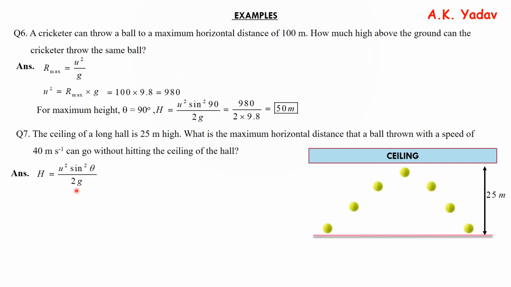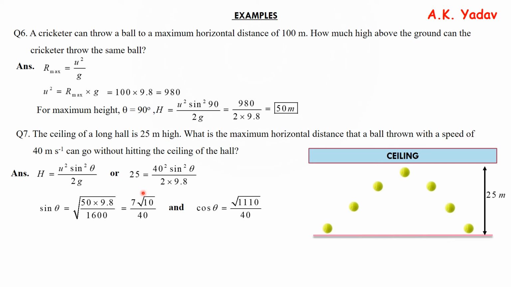We know h is equal to u square sine square theta upon 2g. We put the values, and on solving we get sine theta equal to 7 under root of 10 upon 40, and we can find out cos theta also by using the Pythagoras theorem, which is under root of 1110 upon under root 40.